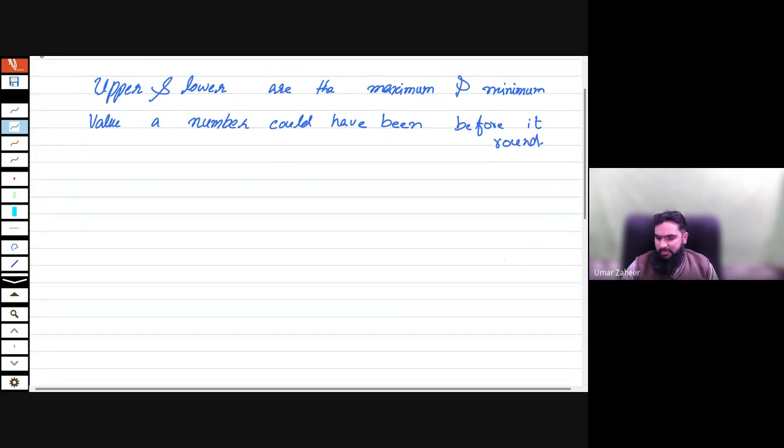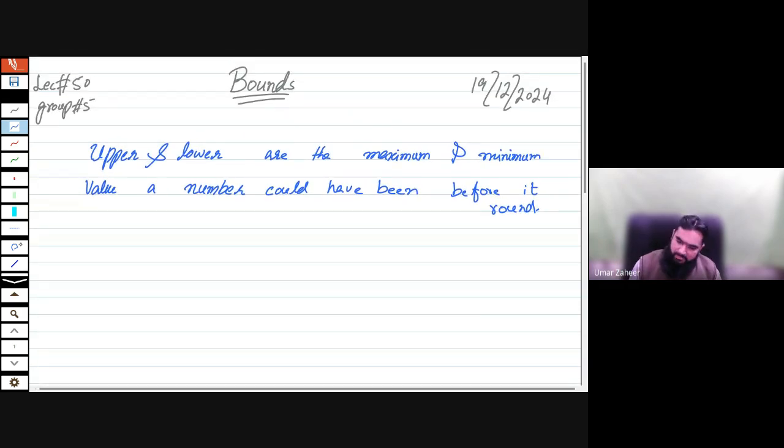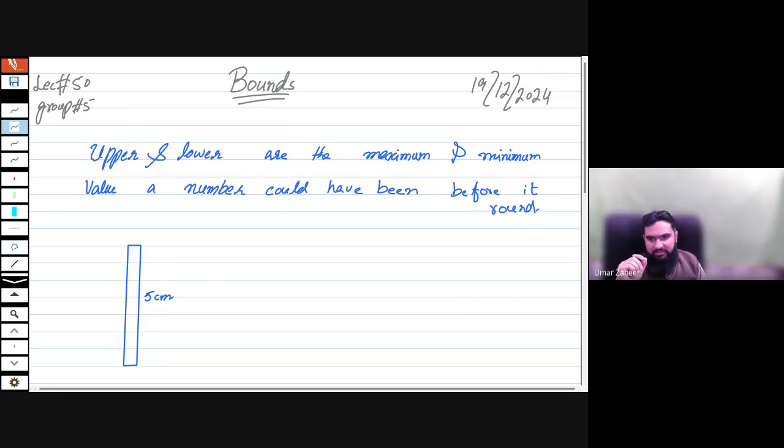Let's understand the bounds with a diagram. For example, I'm going to make a rod here. This is the rod. Let's say the length of the rod is 5 centimeters. If you are measuring any physical quantity, there is always a small error.